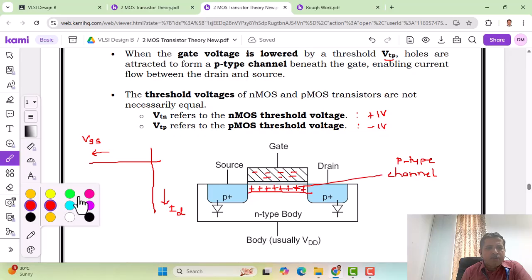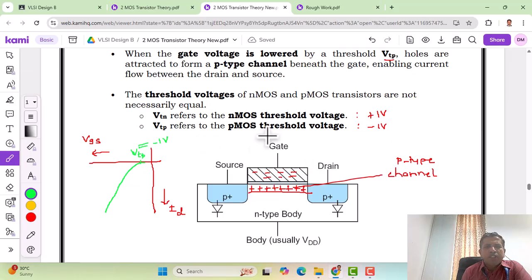The graph for the PMOS enhancement transistor looks like this. We have here a VTP, which has a typical value of minus 1. The more negative we apply, the larger the current that flows in the transistor, as we can see here.